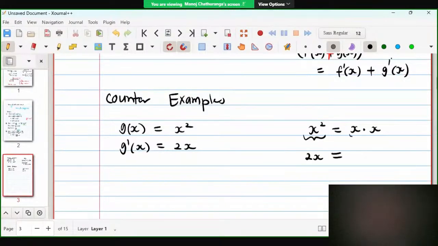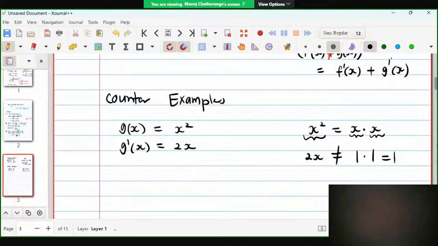If you multiply the derivatives of these 2 terms separately, the derivative of x is 1, times the derivative of x is 1. 2x is not 1. It is different from 1. 2x depends on x, 1 is a constant. So you cannot differentiate these components and multiply later. Do you see my point here?